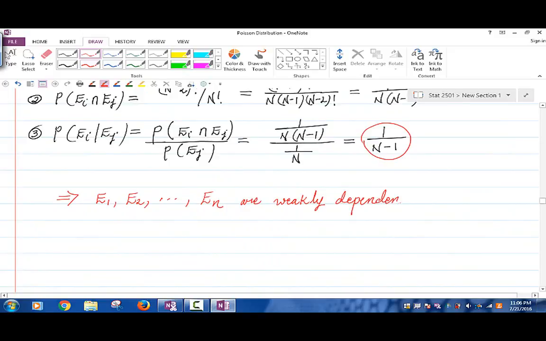In other words, the trials are weakly dependent.